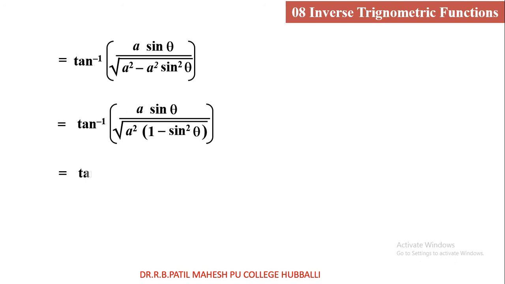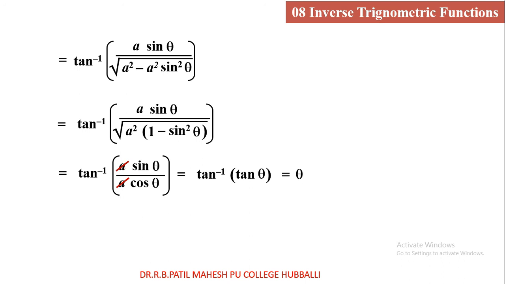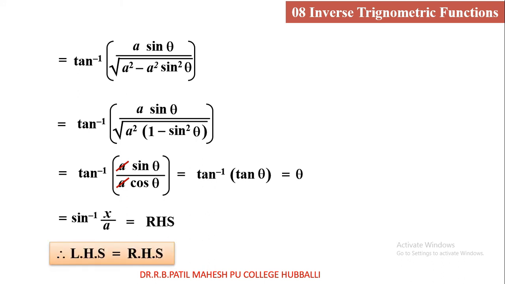Hope you remember, the value of root a square will be a outside, and root of 1 minus sin square theta is cos theta. A and a get cancelled. Sin theta by cos theta is tan theta. Tan inverse and tan removed, that is theta. Remember theta is, we have taken sin inverse of x by a. So I will replace theta as sin inverse x by a, and this is going to be the RHS. Proved, LHS is equal to RHS.